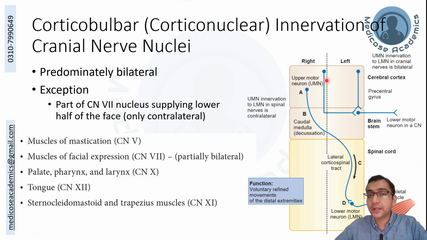However, in the cranial nerve nuclei, or rather in most of the cranial nerve nuclei, that is not the case. Take for instance any lower motor neuron, let's say this is trigeminal motor neuron. It is supplied by cerebral cortex from both sides. It is supplied by the cerebral cortex from ipsilateral side and the contralateral side too. What is the importance? For example, a person has a stroke.